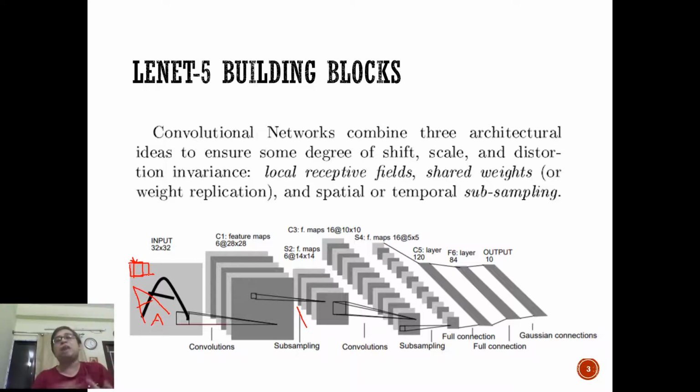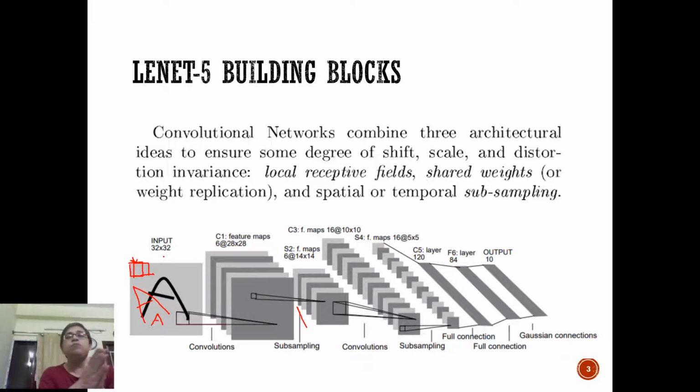So in terms of pooling, you have already looked at convolution and pooling. Pooling is a layer which does spatial subsampling, which gives you this level of distortion invariance. So here's a quick look. This is your input image. First you have a convolution layer with 6 filters, right?